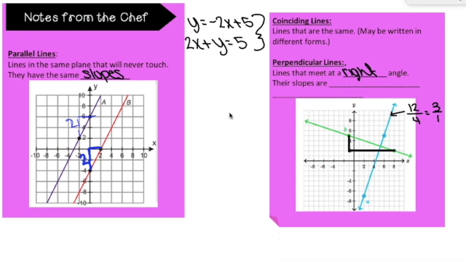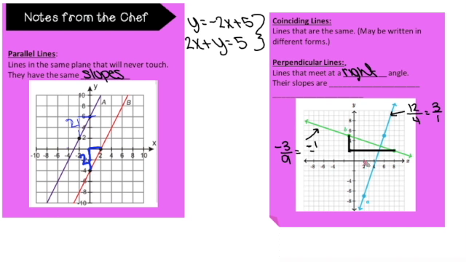If I count that, I go down 1, 2, 3, so down negative 3, and over 1, 2, 3, 4, 5, 6, 7, 8, 9. So my slope here is negative 3 over 9, and if I reduce that, that's negative 1 over 3.